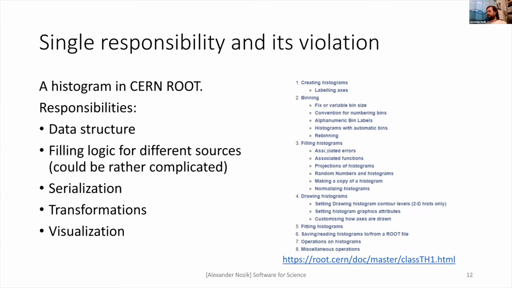It includes many different methods of filling and manipulating histograms, drawing histograms, making analysis on histograms, and putting it all into a file. And everything is inside one single class. It is a problem.